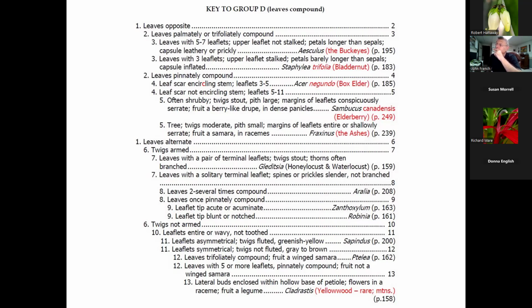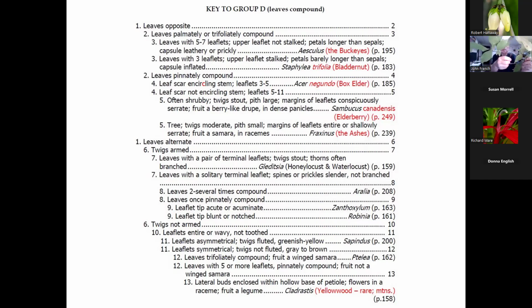Leaves palmate or trifoliately compound, or are the leaves pinnately compound? Well, if you recall, we just went through all that, so we're going to choose pinnately compound. We're just doing this out of our head right now. Leaf scar encircling stem, leaflets 3 to 5, or leaf scar not encircling stem.